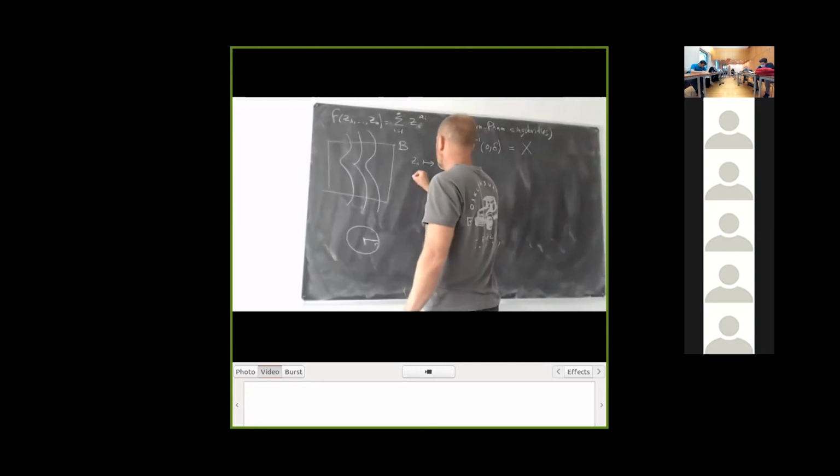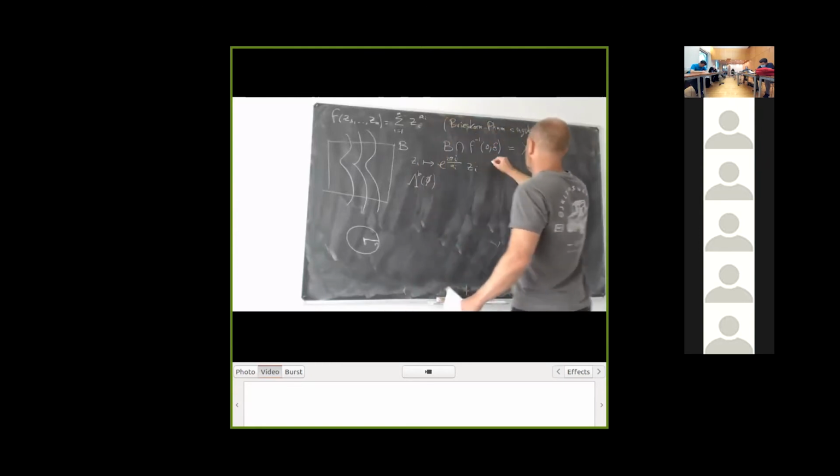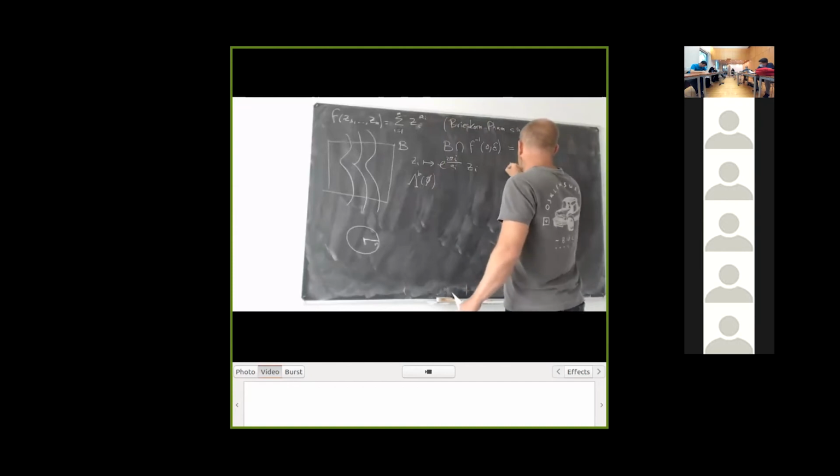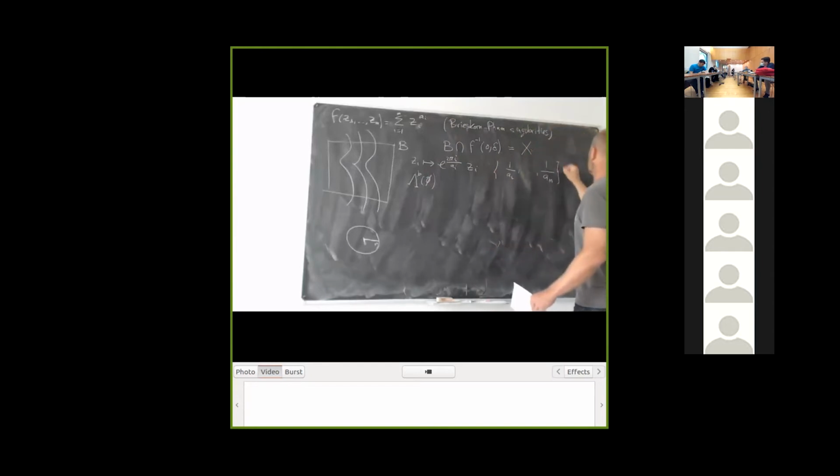It is possible to prove that the Lefschetz number for certain B is different from 0, and in fact, what is the B? So you take the list of numbers 1 over a_1, ..., 1 over a_n. So these are numbers that belong to the interval (0, 1), so they are all smaller than 1.